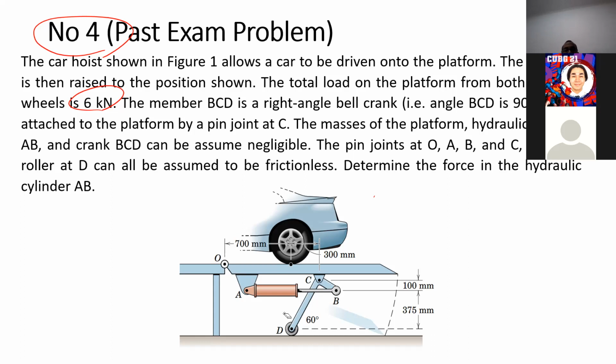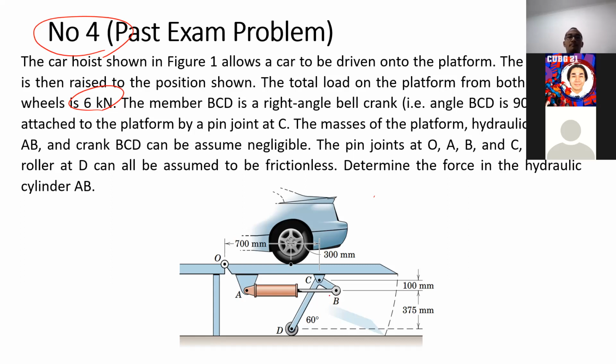Okay, so for this one, the one in question is AB, the force AB there. AB here is a cylinder as well, and it has only pin joints at both ends. It's supposed to be a two force member, right? Yes, I knew that. AB is a two force member.